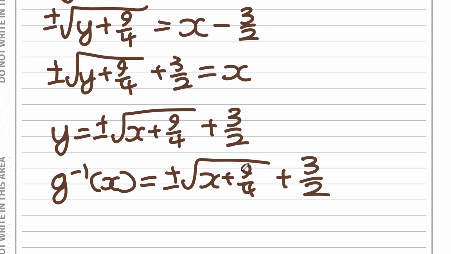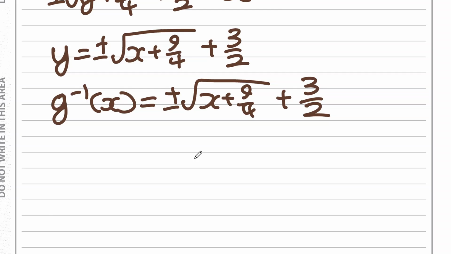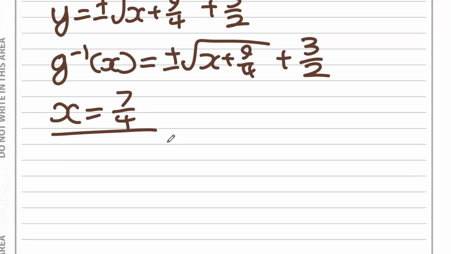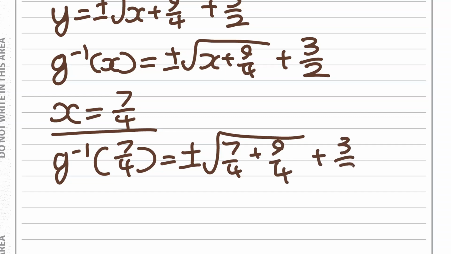The reason that this is a 1 to many mapping is because of this plus minus square root here. So for example, let's say you sub in x is equal to 7 over 4. This x value works quite well for what I'm trying to explain. If you sub this into the inverse of g, it's going to be plus or minus the square root of 7 over 4 plus 9 over 4, plus 3 over 2.